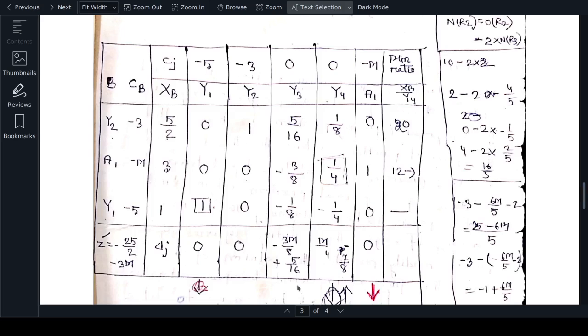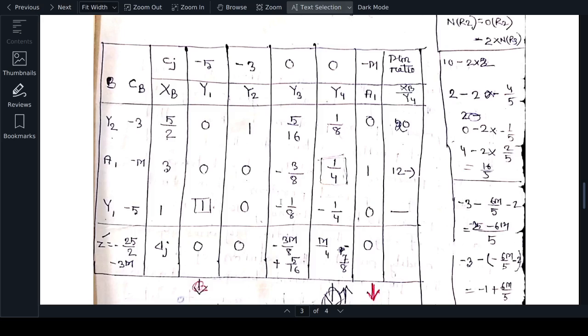Okay, the calculation: minus 3 by 8 into M. If M is a large value, its coefficient is minus. Suppose M is 10,000, so minus 3 by 8 into 10,000, or consider 1 crore or 2 crore. So minus of this plus 5 by 16 gives us a negative value.